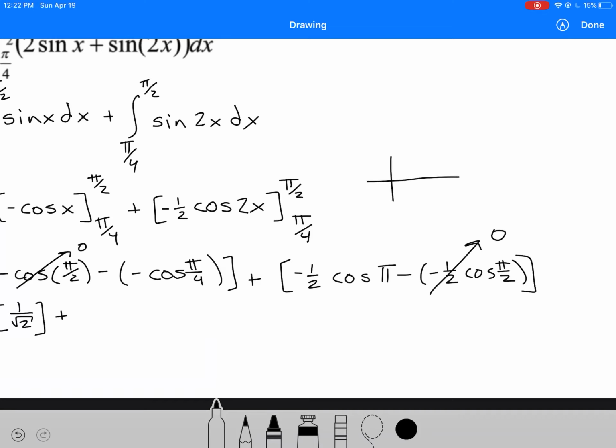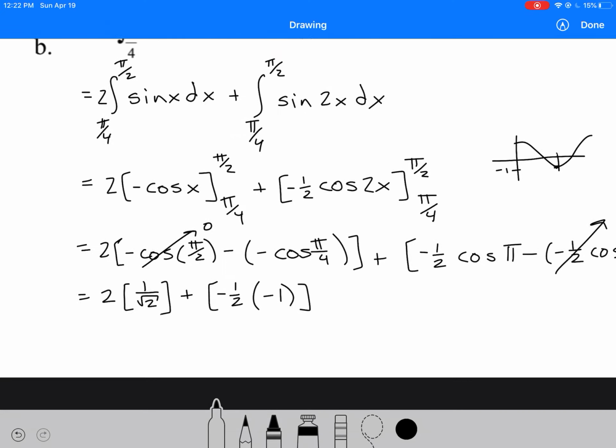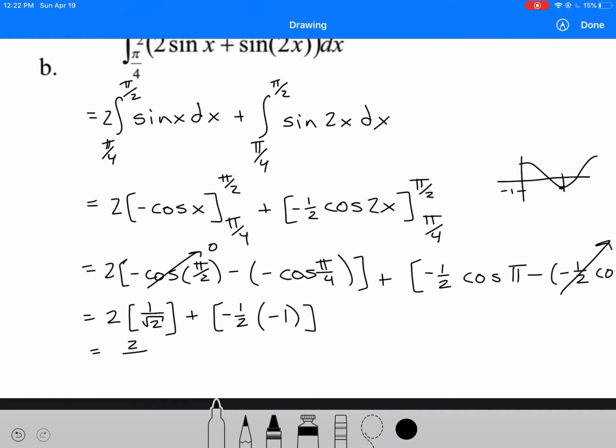What's that? Let me draw a picture of my cosine graph here. Pi is right in the middle. And so I've got minus 1 down here. So cos pi is minus 1. So then I've got minus 1/2 times minus 1, which means I've got 2 over root 2 plus 1/2.